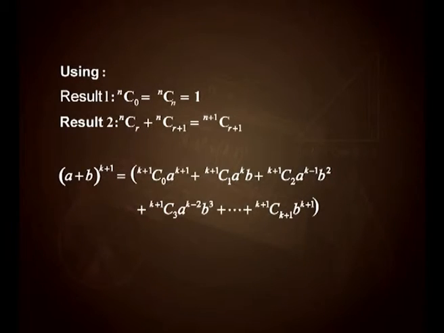So, isn't that what we were aiming at? We were looking at proving P(k plus 1) to be true, and this has been proved based on the assumption that the result was assumed to be true for n equal to k.